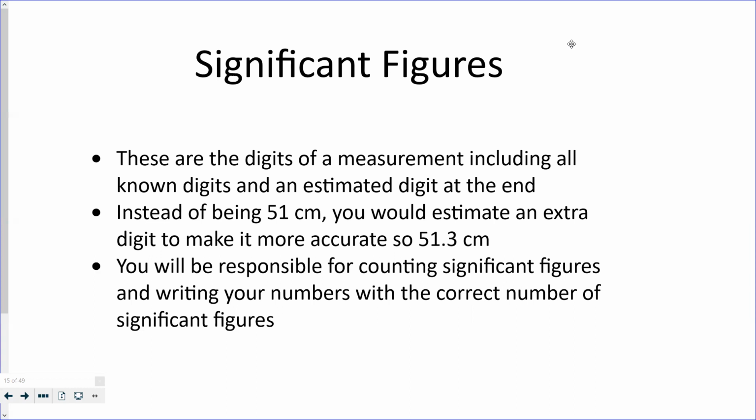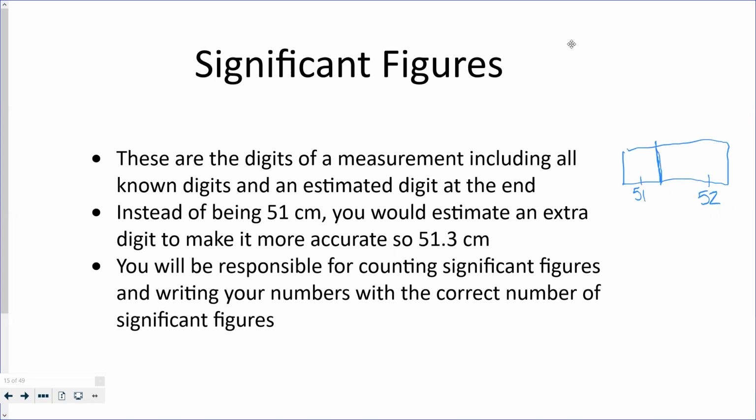So say that we have a ruler and here is 51 and here is 52. Say that our mark is right here. Well, we know it's at least 51 centimeters, but it's more than 51. So we would need to add an estimated digit on there.